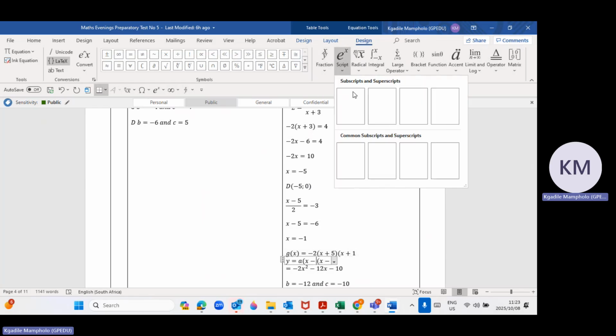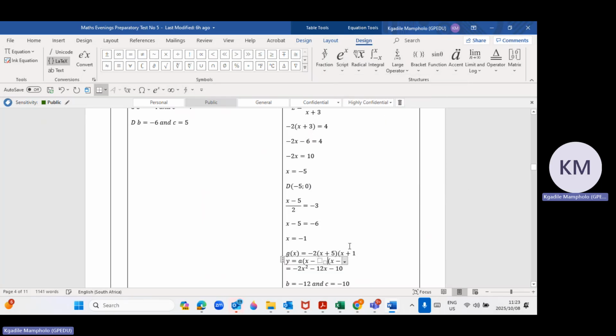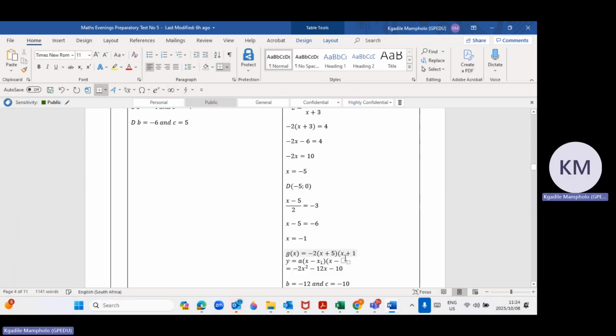So you know this from grade 11, but I just want to remind you, the equation is x1, and then here is x2, but in this case it's easy because you were given that the equation of G is minus 2x squared plus bx plus c.